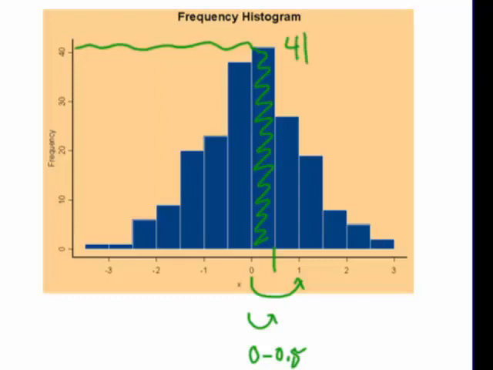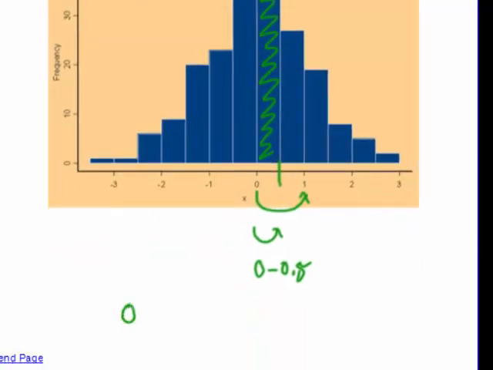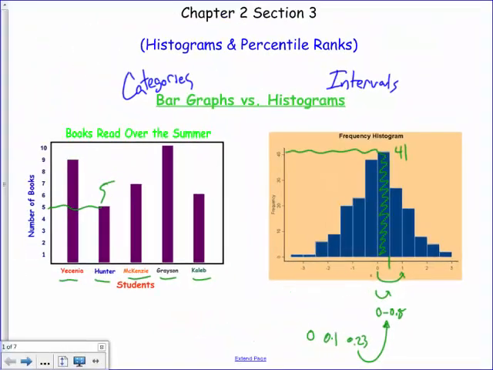So that bin's about 41. That's all the numbers from 0 to 0.5 listed in that bin. So there's 41 total numbers. They could be like 0, they could be 0.1, they could be 0.23. They just have to be somewhere in that interval from 0 to 0.5. Okay, so that's the difference between bar graphs and histograms.